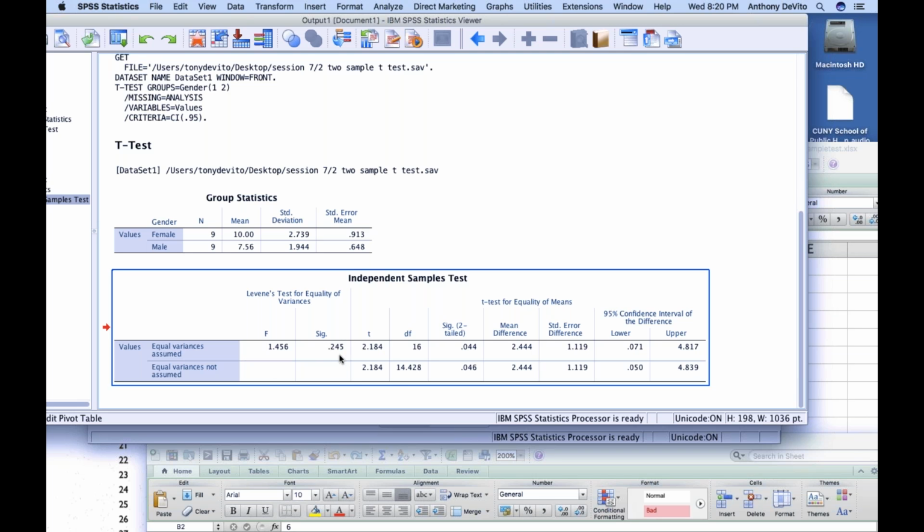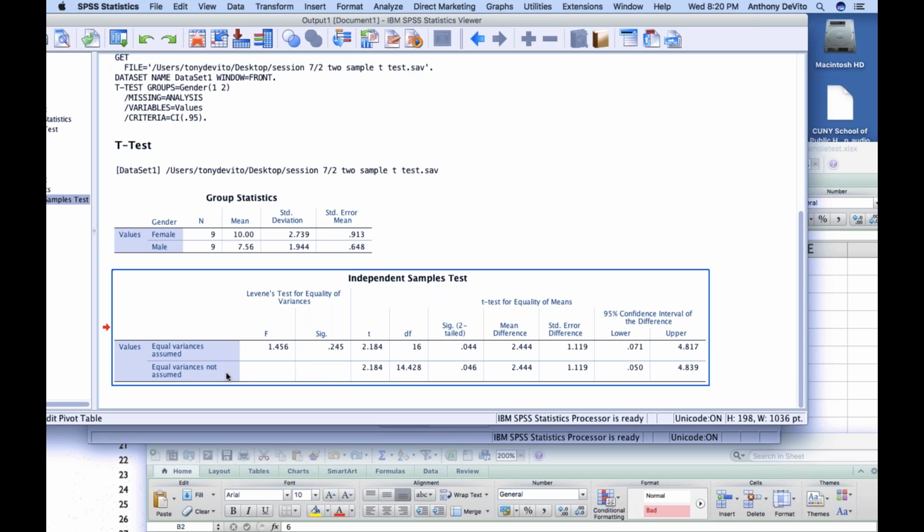And the deal here is that just like everything else, we start off with the assumption that the variances are equal, unless we can prove that they're different. So our assumption is that the variances are equal. Now, if our significance, our p-value, is less than 0.05, we reject the idea that they're equal, and we use the lower line, that the variances are not equal.